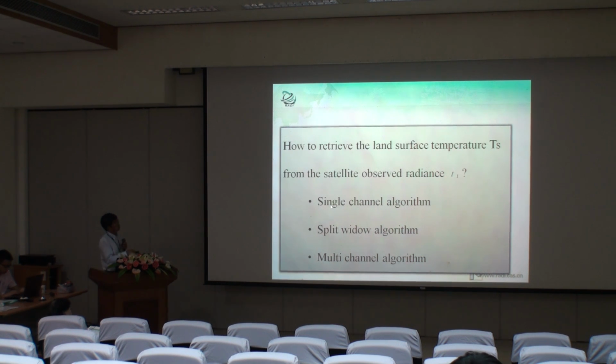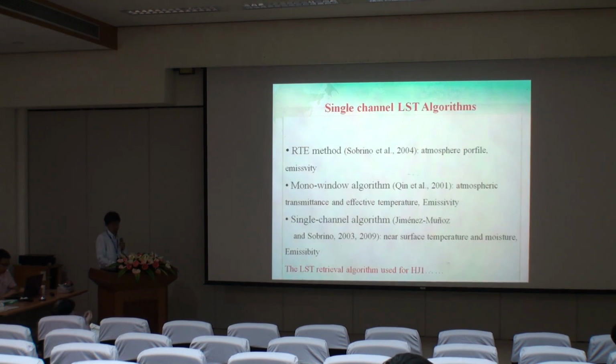One is the single channel algorithm, another one is the split window algorithm, and another one is the multi-channel algorithm. Maybe the split window algorithm is the most important one for land surface temperature retrieval, especially for global land surface temperature retrieval, because it has been widely used for AVHRR, MODIS and ASTER, also used for formula 3.